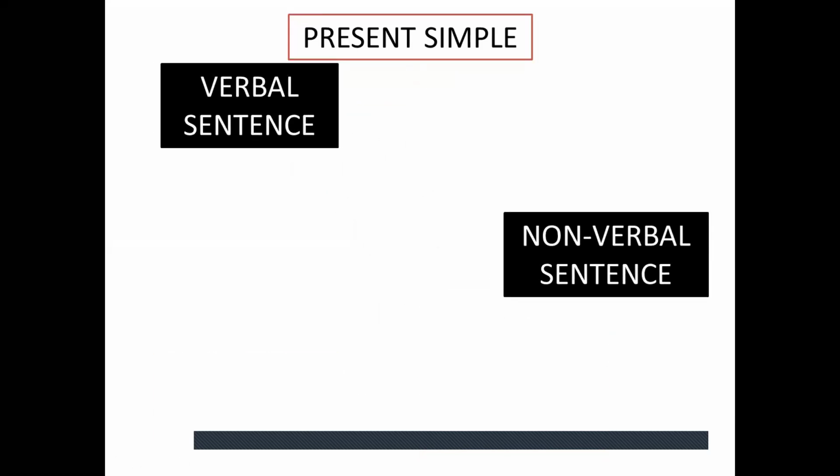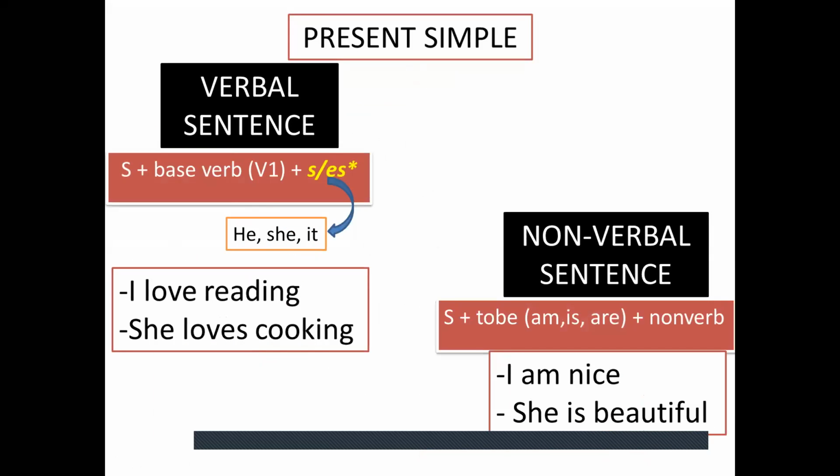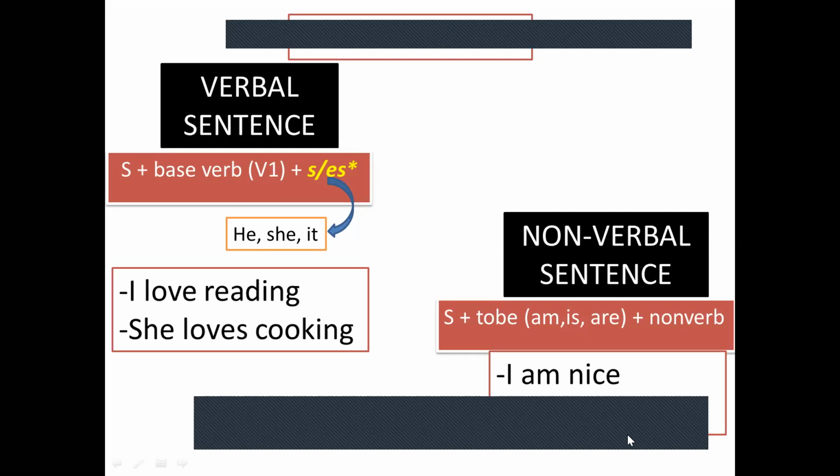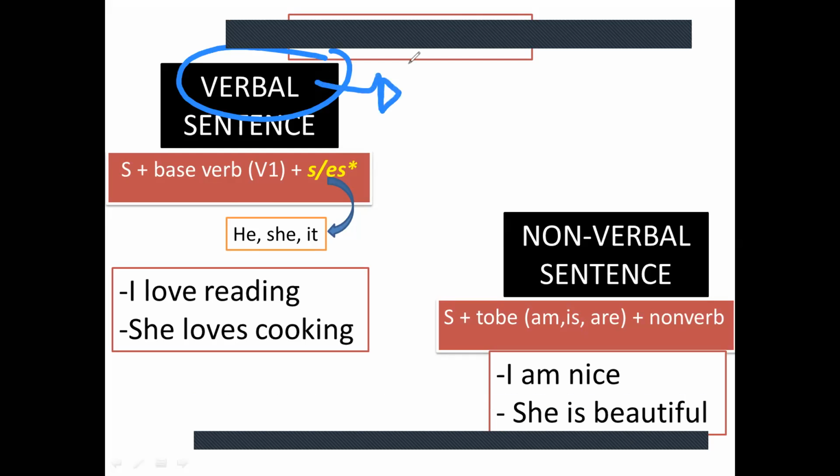And please remember that every tense is divided into two kinds of structures, for verbal sentence and non-verbal sentence. For verbal sentence, it means that the predicate of that sentence is in the form of a verb, or in Indonesian, you say it as kata kerja.